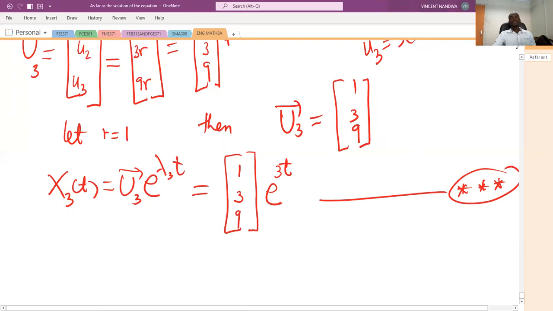Now, the general solution is given by a linear combination of x1, x2, and x3.